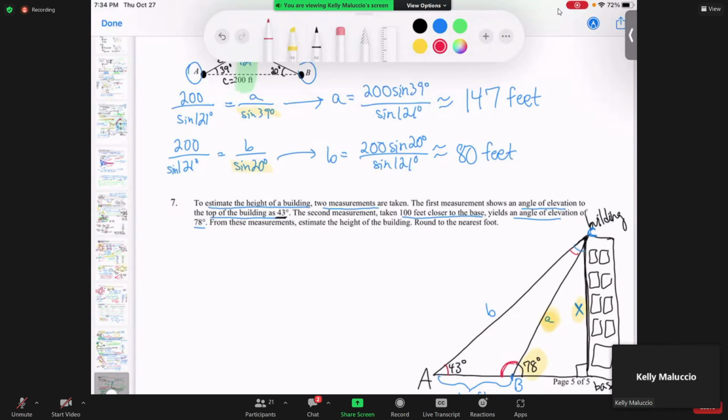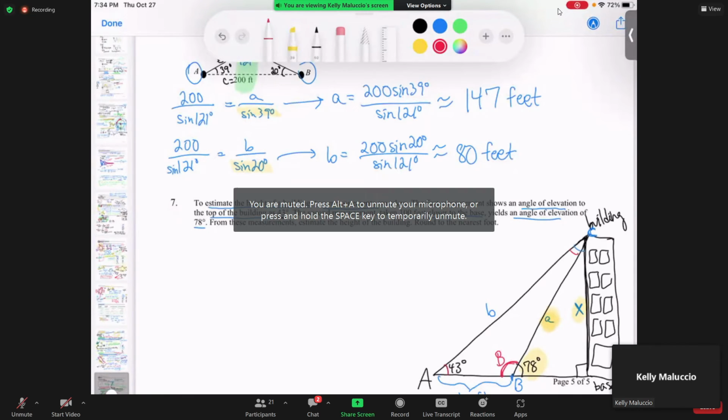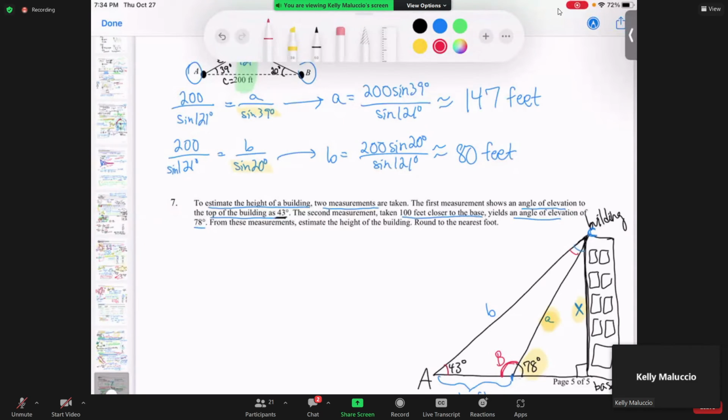So first things first, this is actually B, right? Maybe I shouldn't have written it in blue because I don't know if that's confusing. So this is our B. And to get this, I just do 180. B is 180 minus 78, so it's 102 degrees.